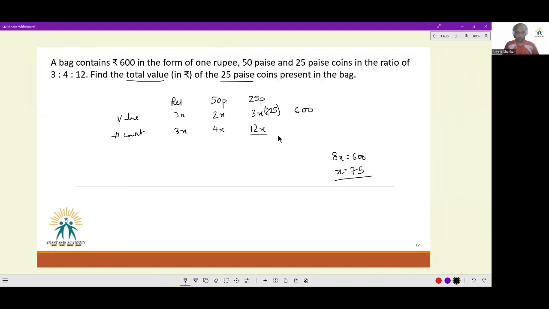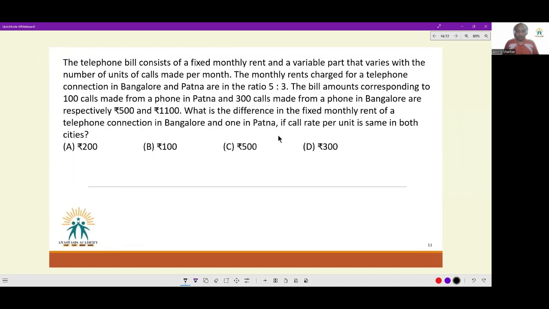Next question. The telephone bill consists of a fixed monthly rent and a variable part that varies with the number of units of calls made per month. The monthly rents charged for a telephone connection in Bangalore, Patna are in the ratio 5:3. The bill amounts corresponding to 100 calls made from a phone in Patna and 300 calls made from a phone in Bangalore are respectively 511.